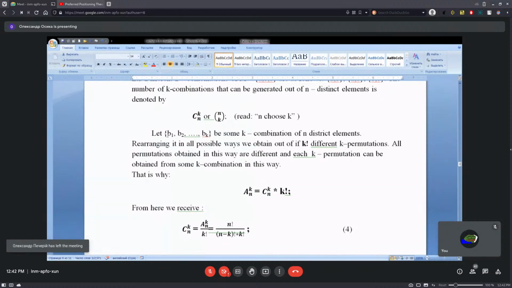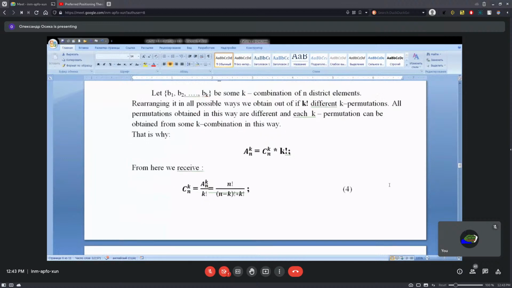So here we have such a set or collection of items. After that, we permute them, get K factorial sequences made of these B1, B2, Bk. After that, we add here Bk plus 1 instead of Bk. Again, we can get n factorial permutations. All permutations obtained in this way are different, and each K permutation can be obtained from some K combination in this way.